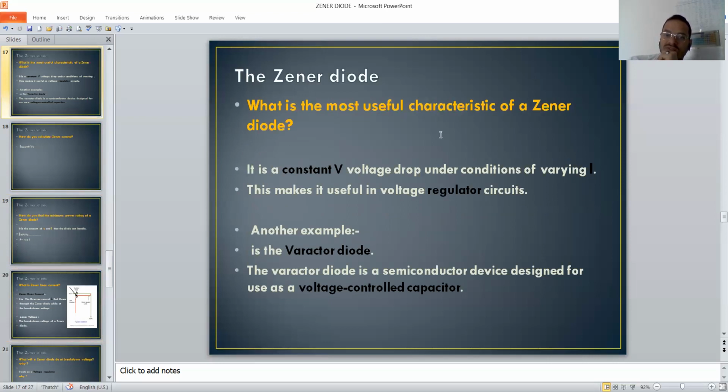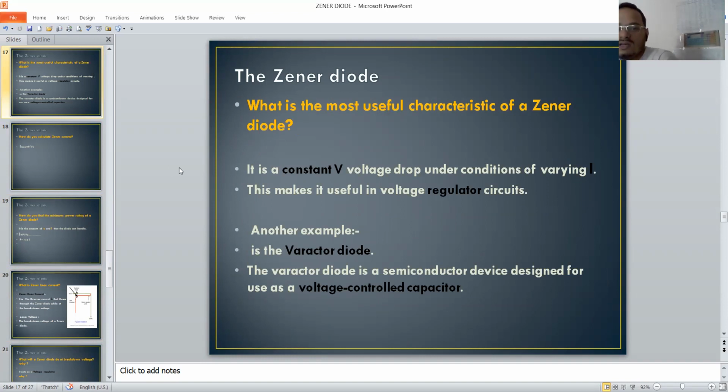What is the most useful characteristic of a Zener diode? Like we said before, it is used in regulator circuits, as a voltage regulator. It has a constant voltage drop under conditions of varying current. This makes it useful in voltage regulator circuits.